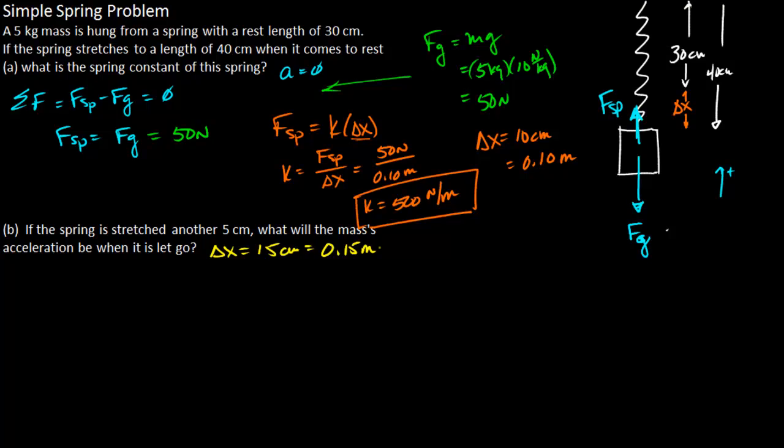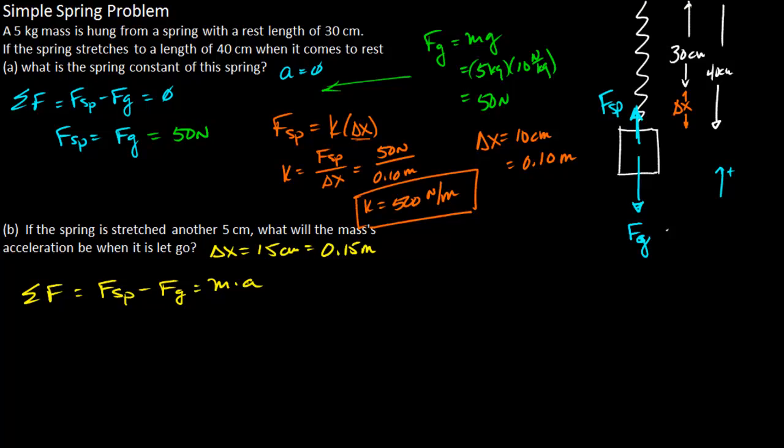I'm not going to redraw the free body diagram right now, but it's basically our spring force should get bigger by a little bit. My delta X is also going to get bigger. Our new Newton's second law equation says that the sum of forces is still just the spring force minus the force due to gravity, but instead of being equal to 0, this situation is no longer in equilibrium, so it equals m times a.